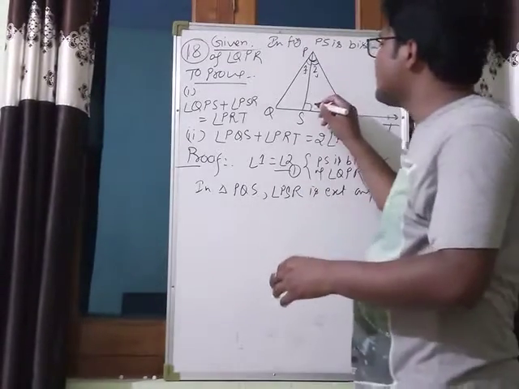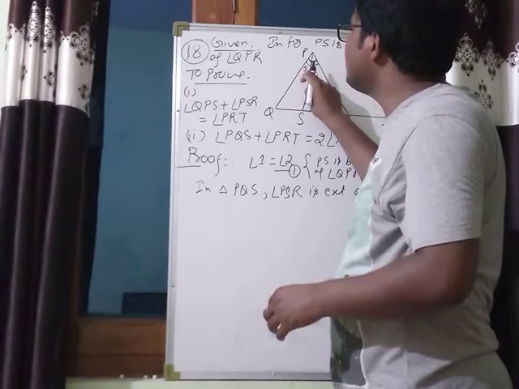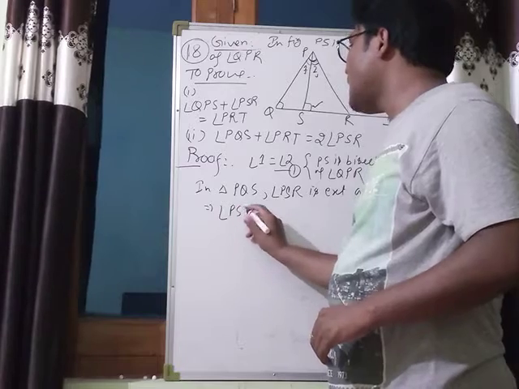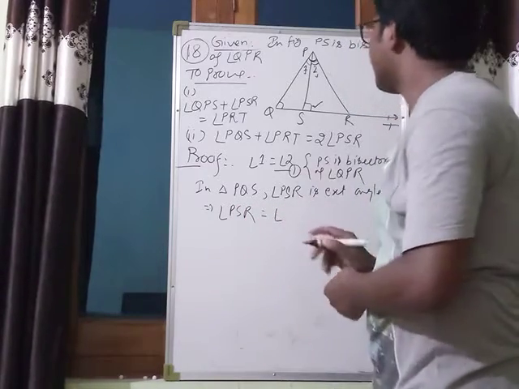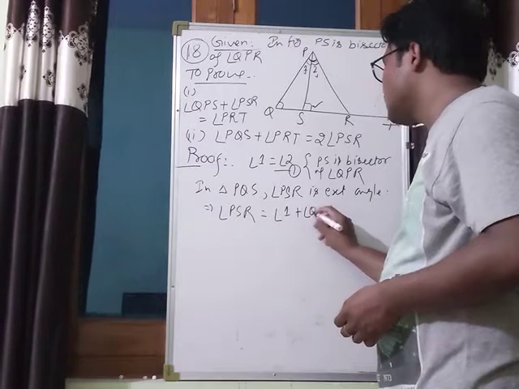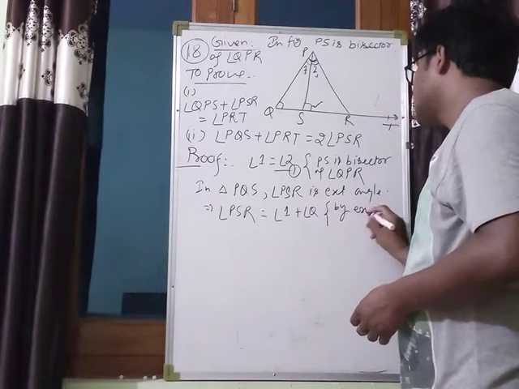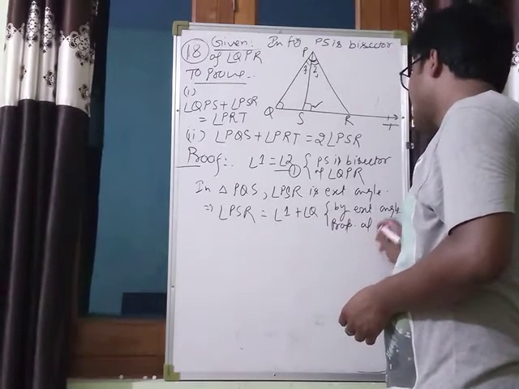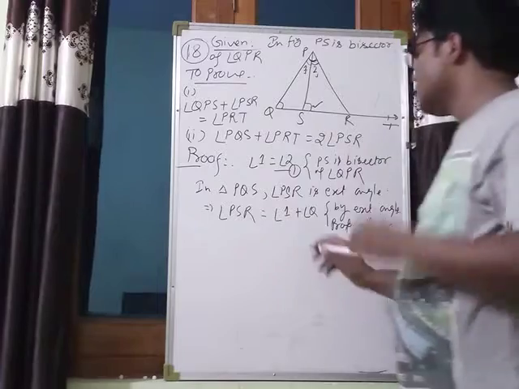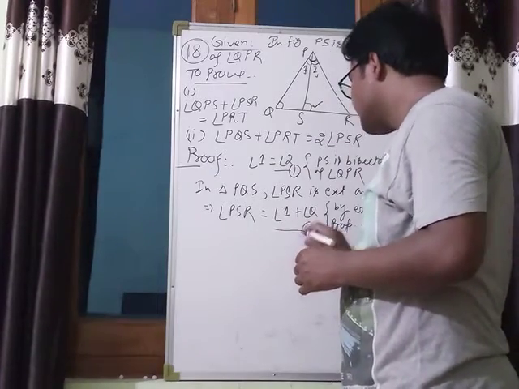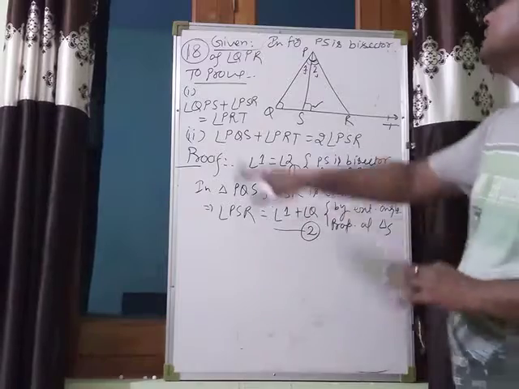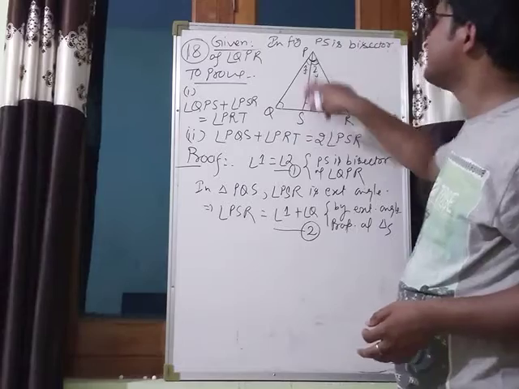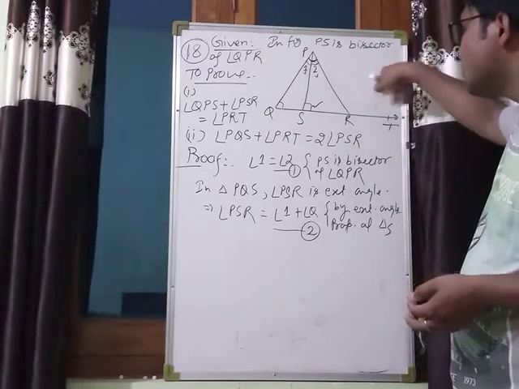So by the exterior angle property, this angle is equal to the sum of angle 1 and angle Q. So angle PSR is equal to angle 1 plus angle Q by the exterior angle property of triangles. Suppose that is second, we will use this, and this is PSR plus QPS. Yes, this one. That is equal to PRT.